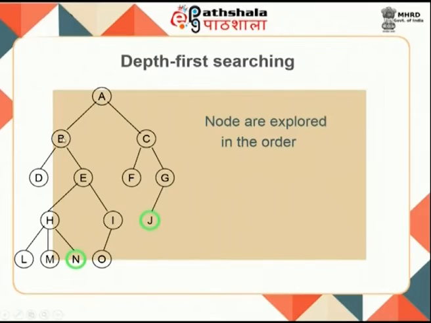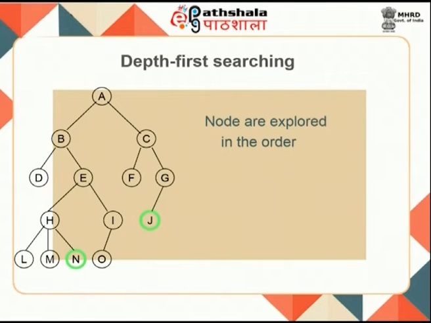In DFS, I start from a node and go to the depth searching through the nodes, and once I reach a dead end and do not have provision to go forward, I backtrack and search in an alternative manner.